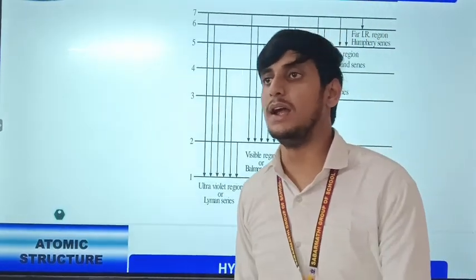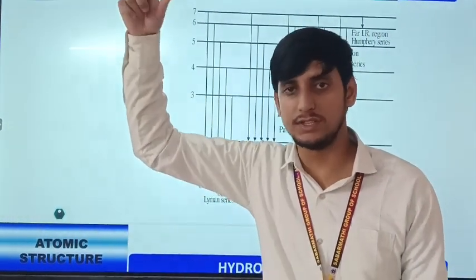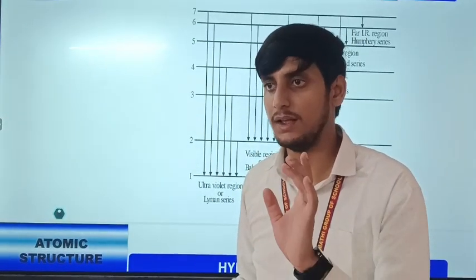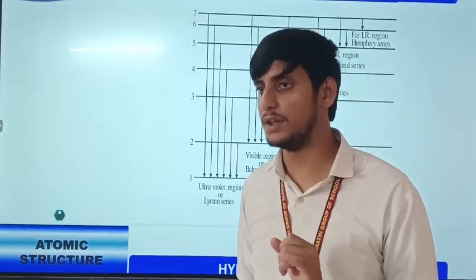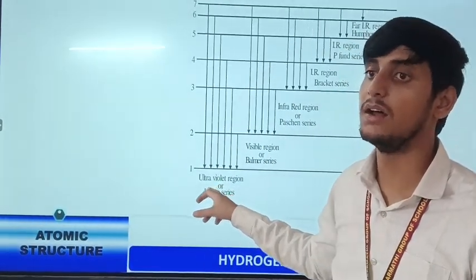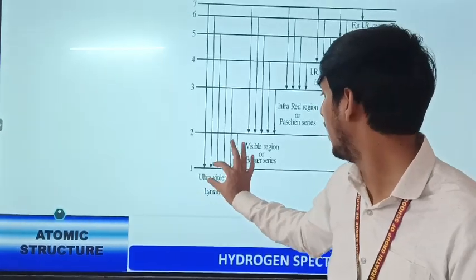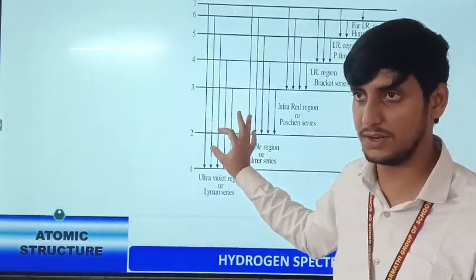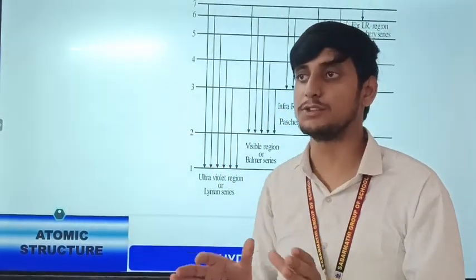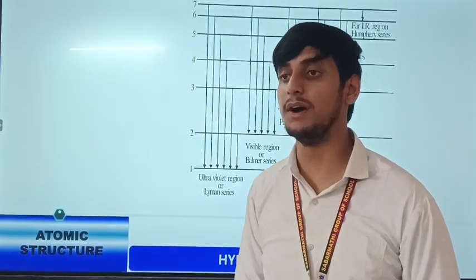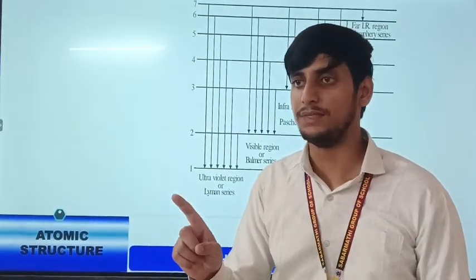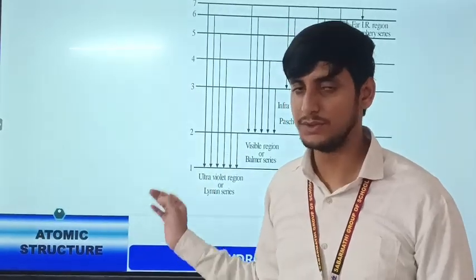If electrons come from infinity or the nth shell to the first shell, that spectrum lies in the ultraviolet region, and that series of lines is known as the Lyman series.